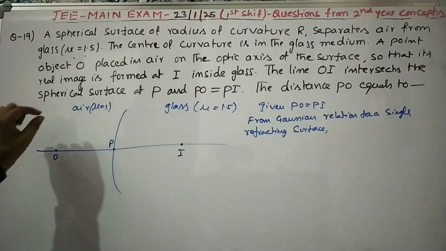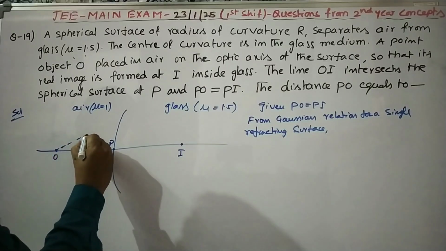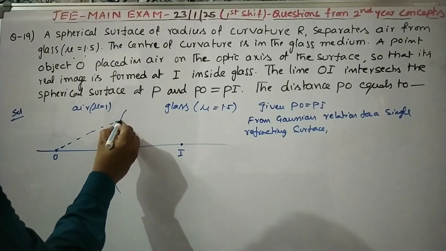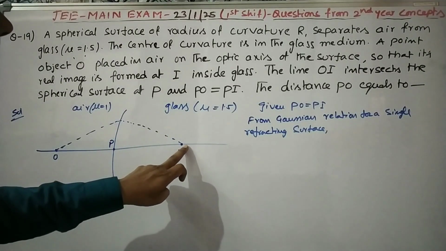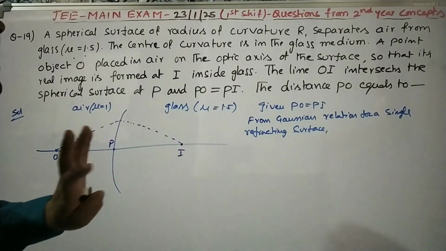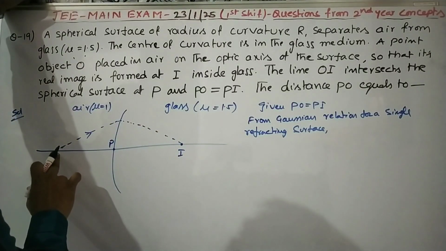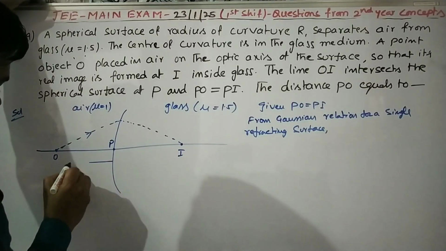Actually, the light rays are coming from the object, incident on this refracting surface, get refracted and intersect at some point, that is called the image position. So in this case, the light rays are coming from the object, but the object distance is measured from the pole according to sign convention, isn't it?